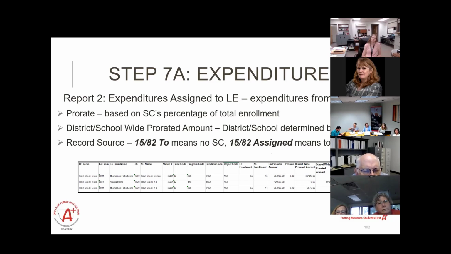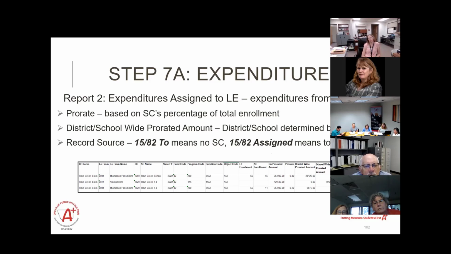And there are two different values that you'll see in the record source field. 1582.2 means that no school code has been assigned, and 1582 assigned means a school code has been assigned.